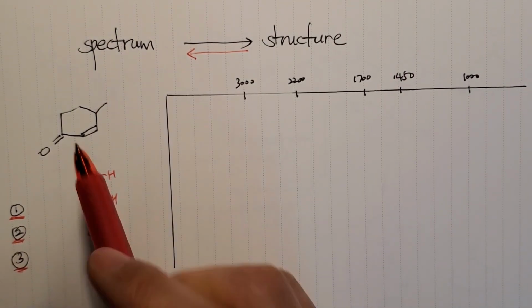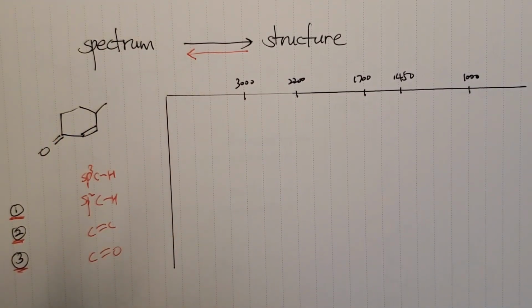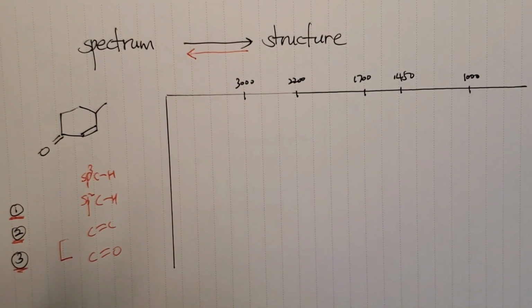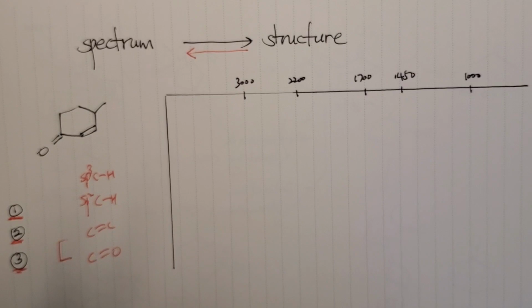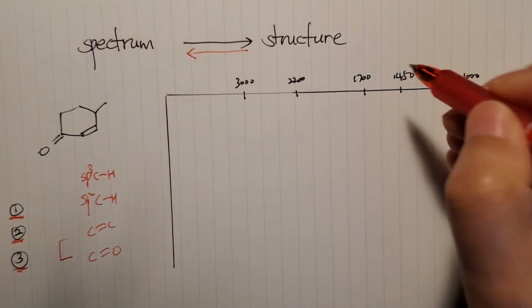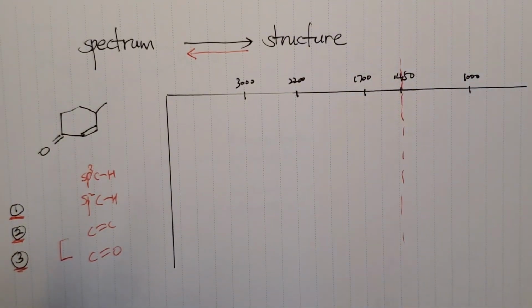Here you can expect some variations because you have a conjugation, so please keep that in mind. Conjugation gives polarity change, also the frequency change. So when you start, think about the fingerprint region also, keep that in mind.